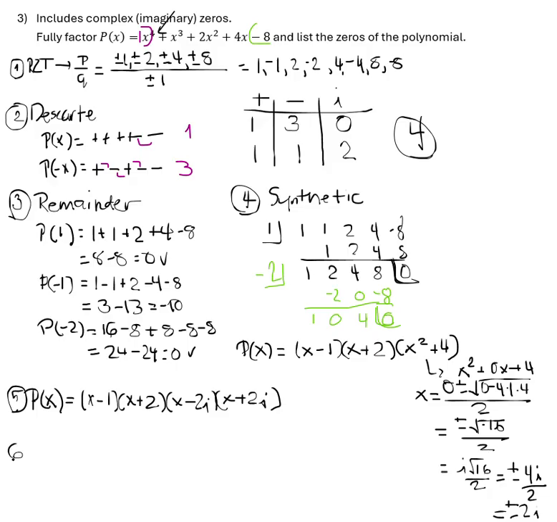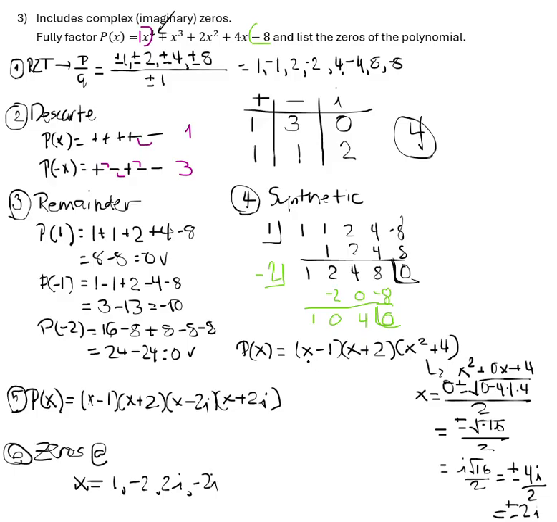This gives us zeros at x equal to 1, negative 2, a positive 2i, and a negative 2i.